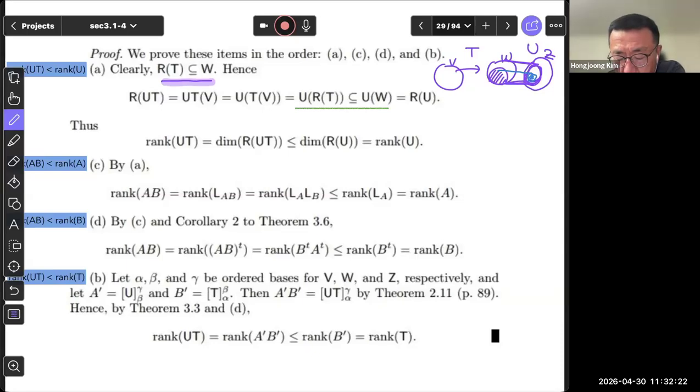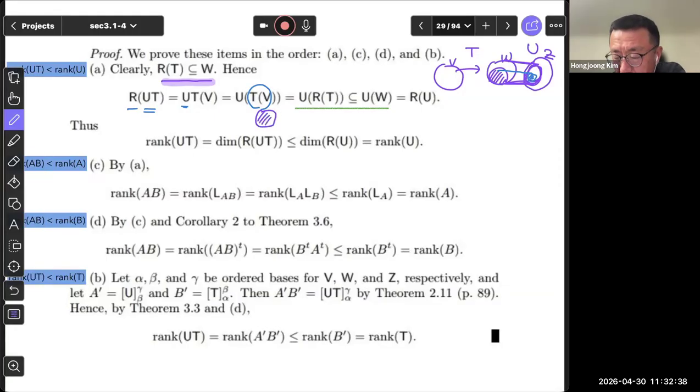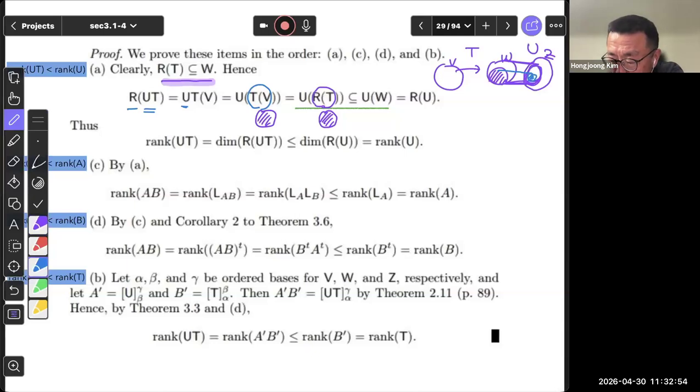So the range of this composite is the image of T of V, which is this purple one inside the W, okay? So W is bigger than this purple one.